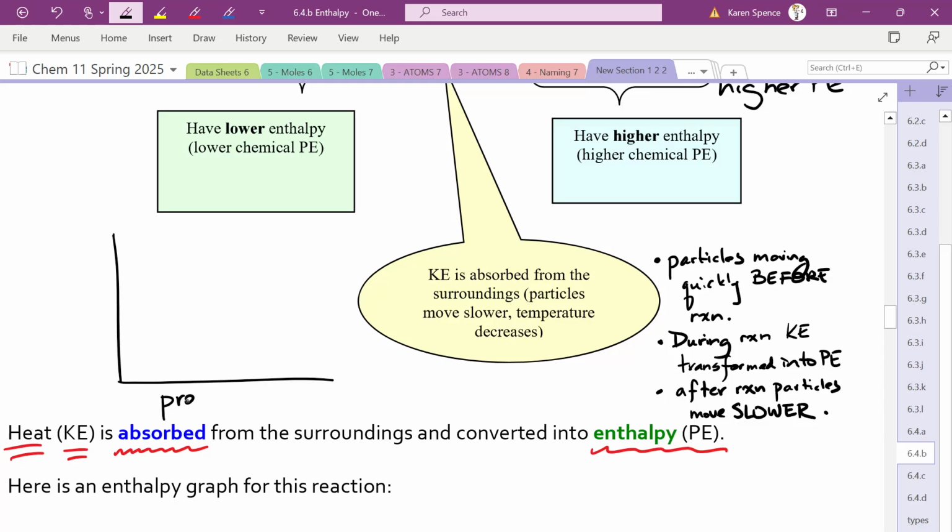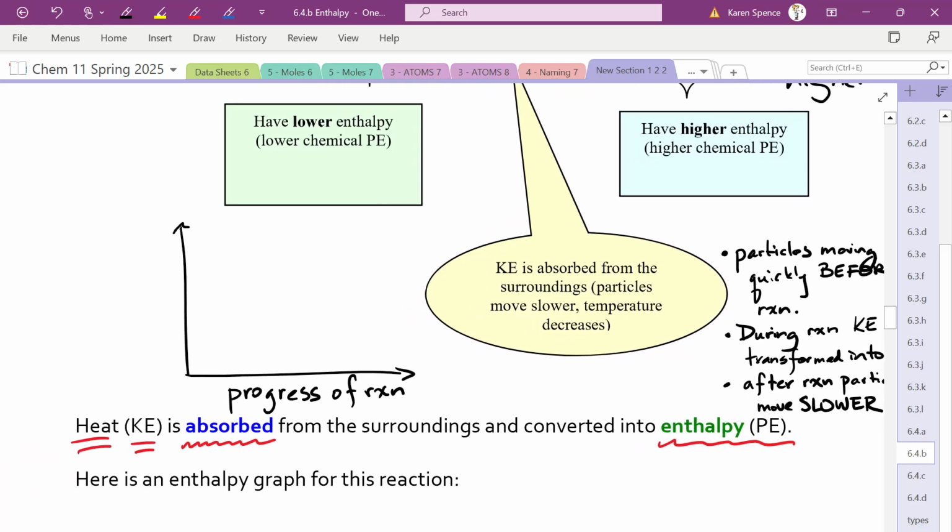This time I'm going to write progress of reaction just to be different, so you get used to seeing both of them. And what goes on our y-axis? Potential energy in unit is kilojoules per mole.